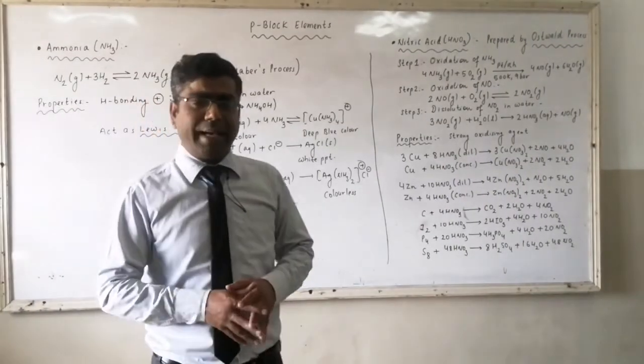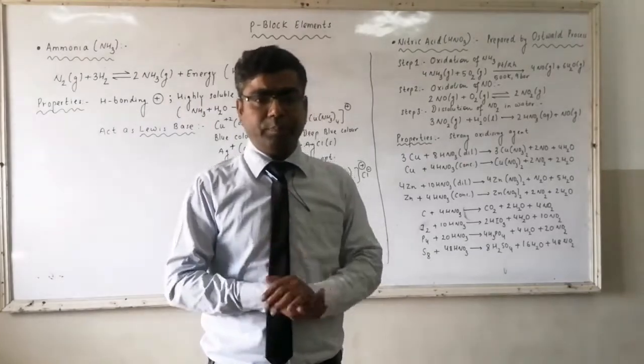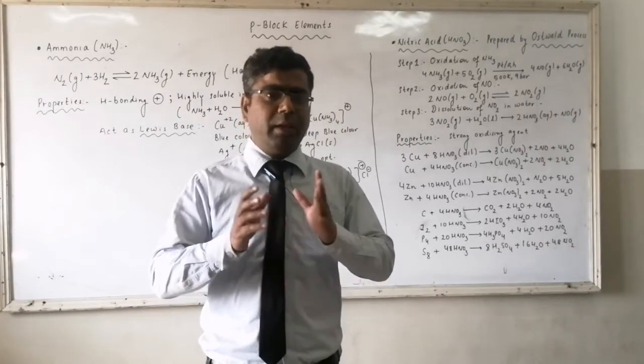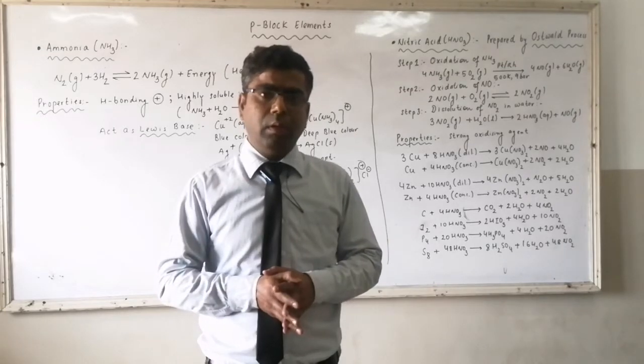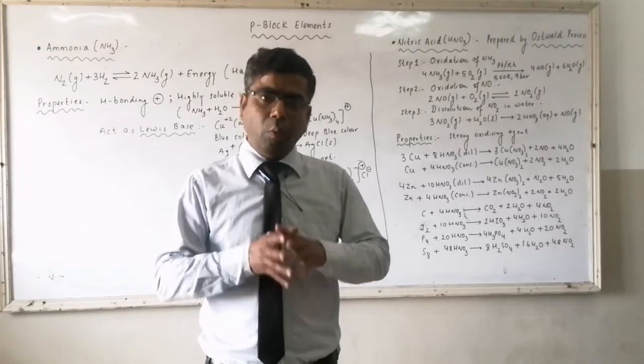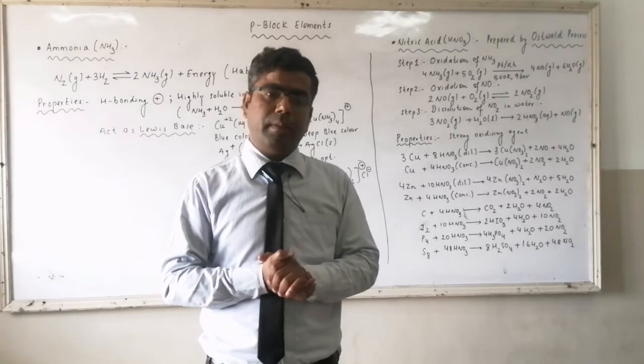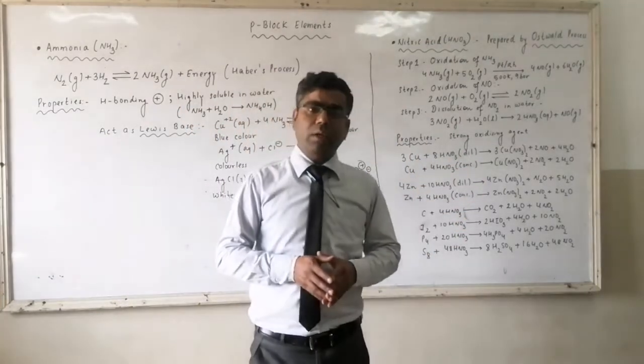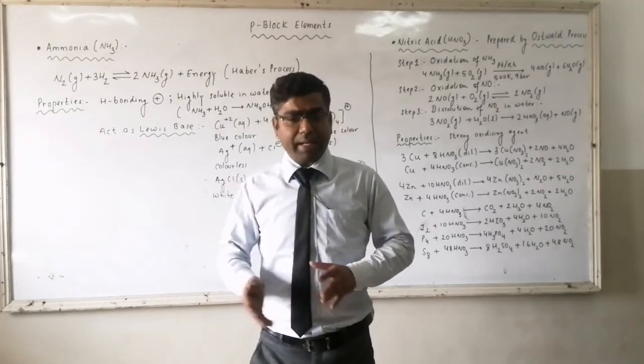So if the reaction is exhibiting an equilibrium state, then by using Le-Chatelier's principle, we can shift the reaction to the product side or we can shift the reaction to the backward side.